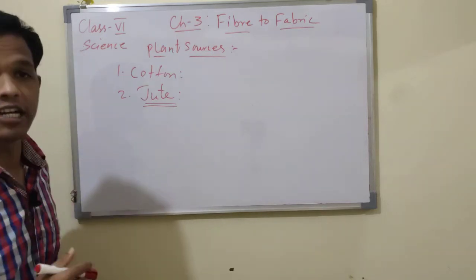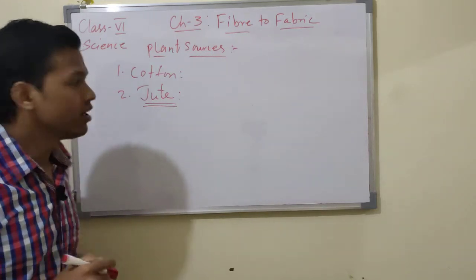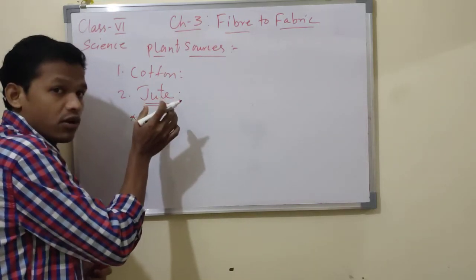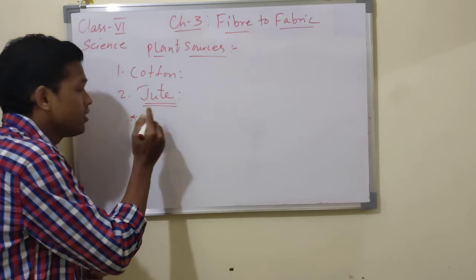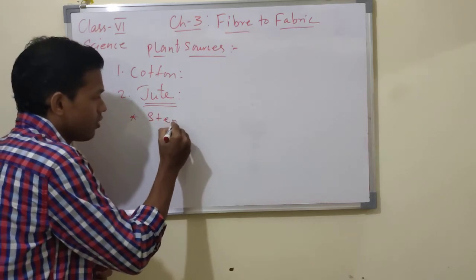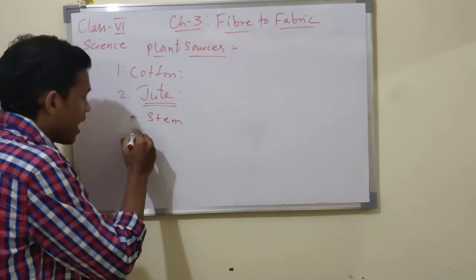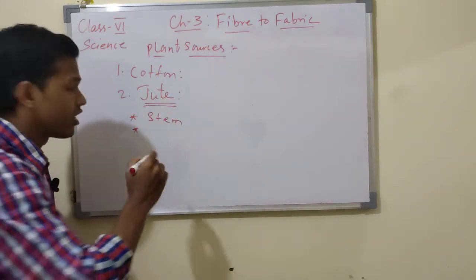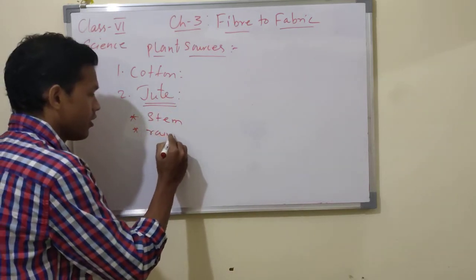Mostly these are cultivated in the rainy season. The fibers are obtained from the stem of this jute plant, and these jute plants are cultivated mostly in the rainy season.